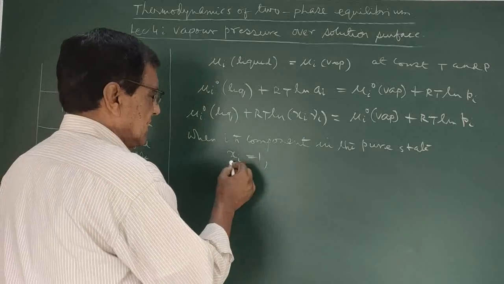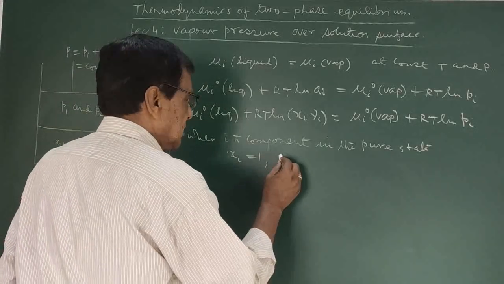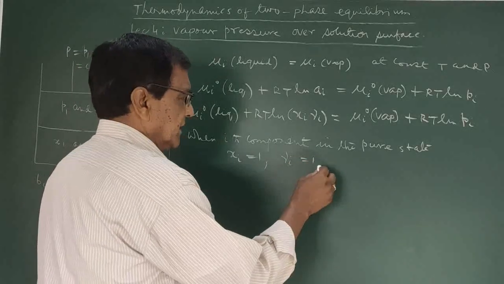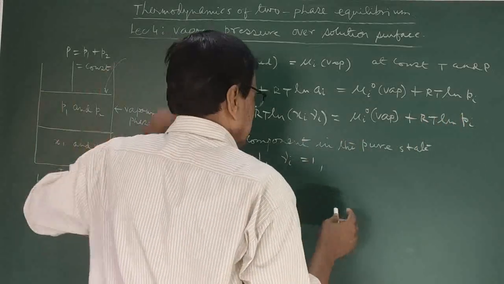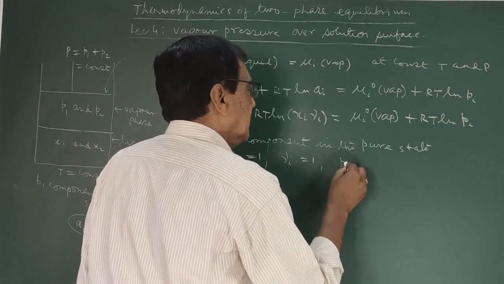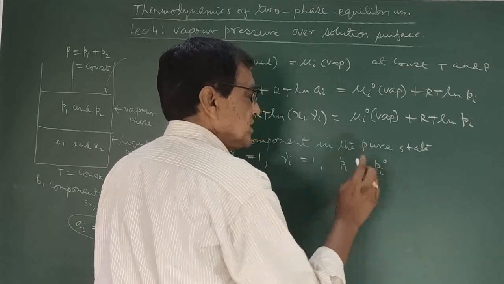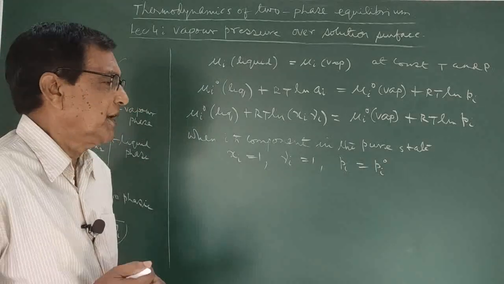And whenever x i equals 1, it is the pure liquid, no question of non-ideality, so gamma i equals 1. And for this pure ith component, the vapor pressure over this liquid P i becomes P i naught. It is the vapor pressure over the pure ith component.